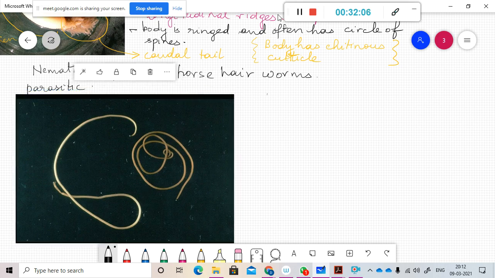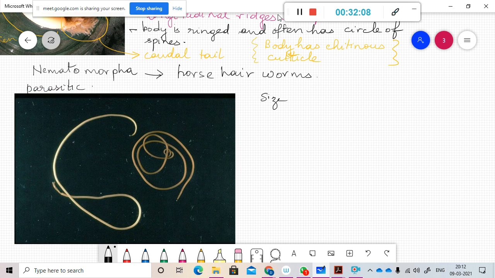Their size ranges from 50 to 100 millimeters. They can be discovered in damp areas.